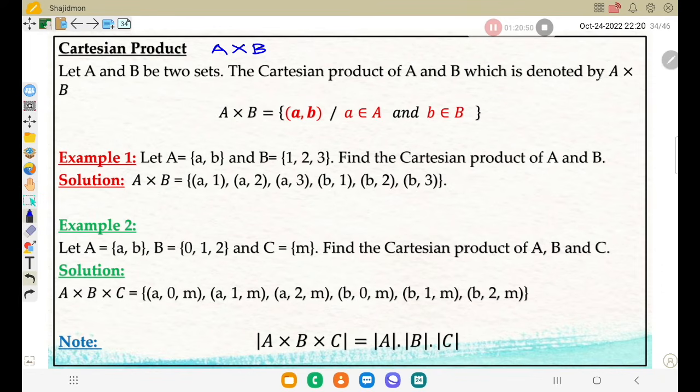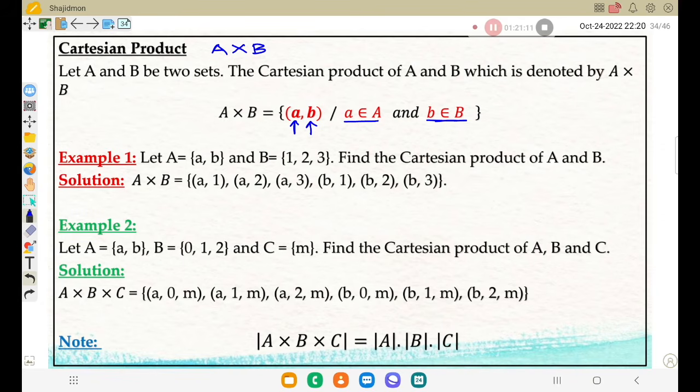What is the meaning of Cartesian product of A and B? It equals the set of all (a, b), where a belongs to the first set and b belongs to the second set. First number from the first set, second number from the second set. It is the set of all ordered pairs. Write all the ordered pairs. That is the Cartesian product of A and B.